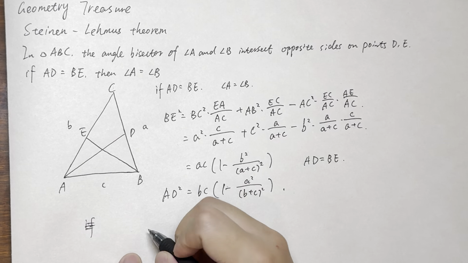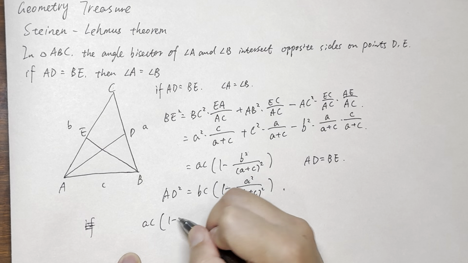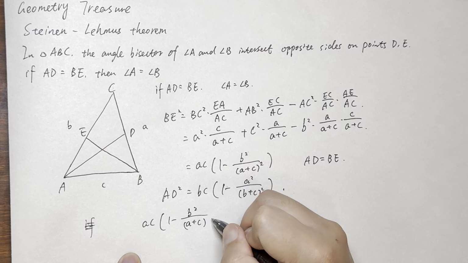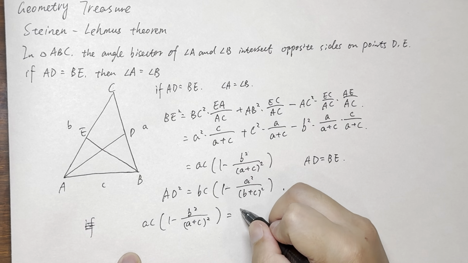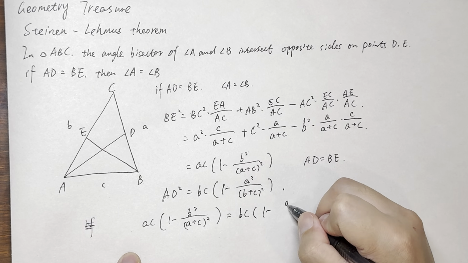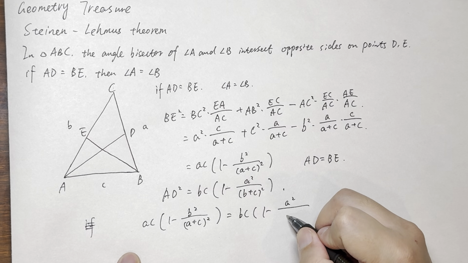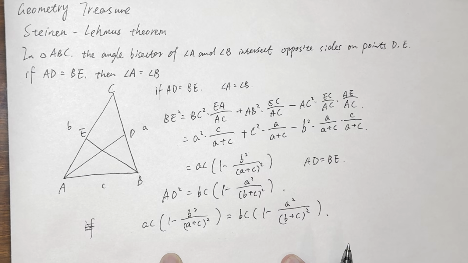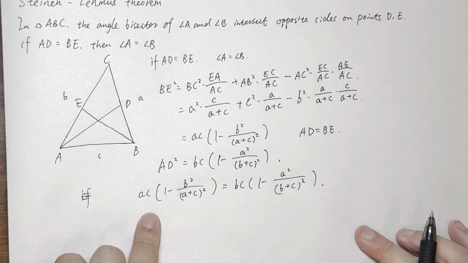That means ac times 1 minus b squared over a plus c squared equals bc times 1 minus a squared over b plus c squared. Right, we know this is true.